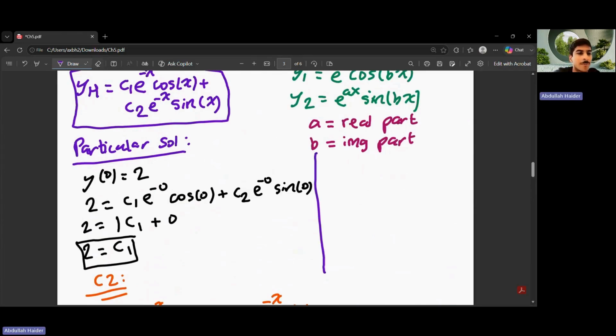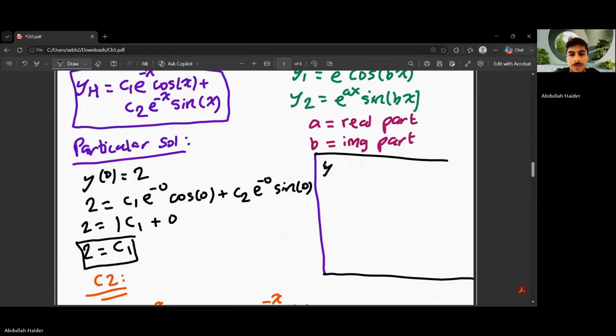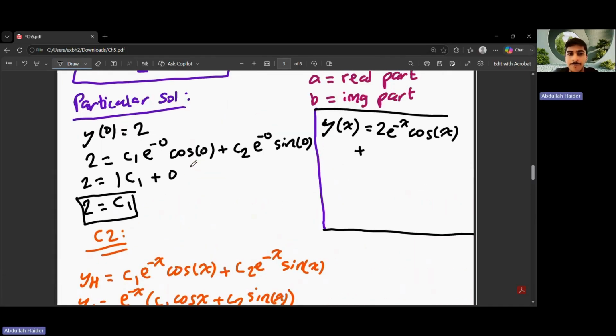So now we can say that the particular solution, y of x, is equal to, now C1 we got 2, so 2 e power negative x cosine x, plus C2, which we got is 3, so 3 e power negative x sine x, and that is it.